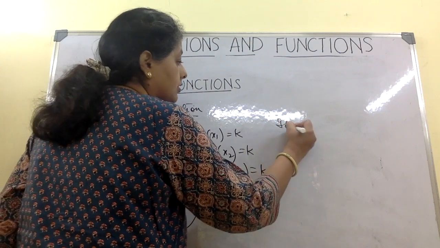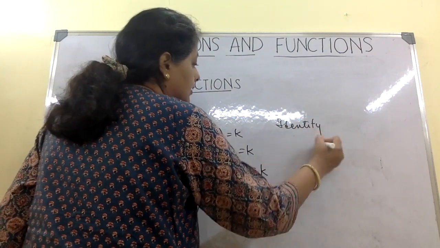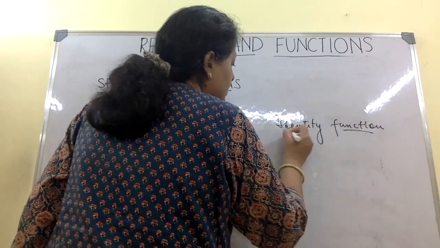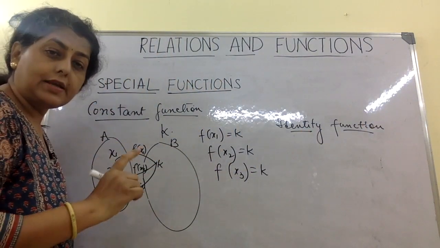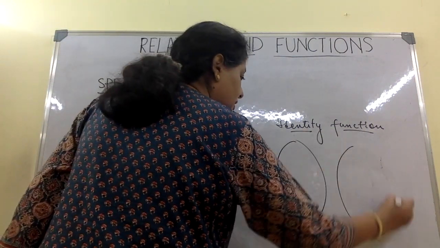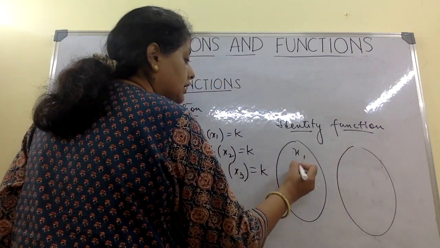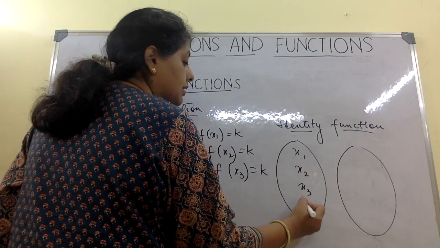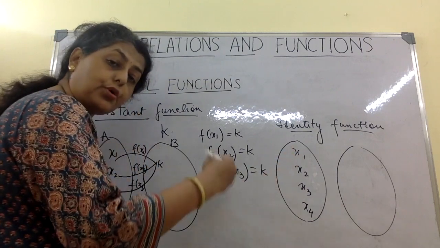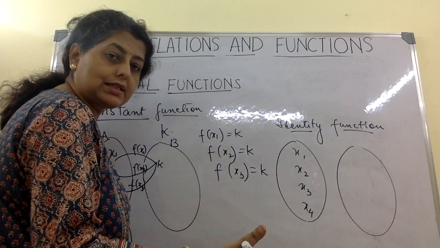Identity function. Now what is identity function? Identity function is such a function where each member of the domain, x1, x2, x3, x4, each of these members are mapped onto itself. Now what do you understand by that?